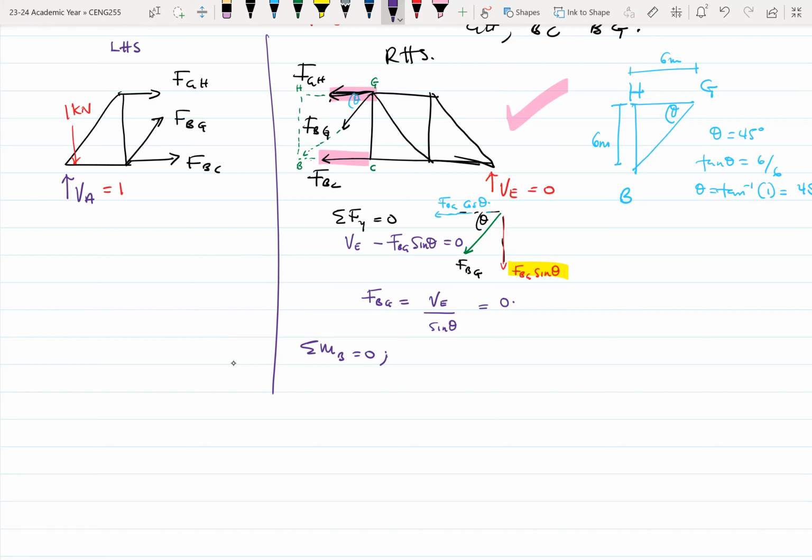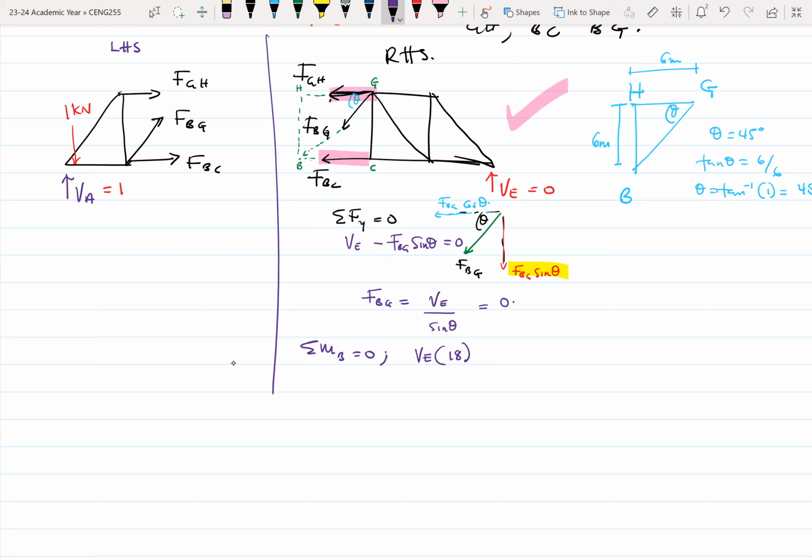All right. So since we take moment about B, it's like we are holding B as the pivot and then we rotate the truss based on what kind of loads that we have. So with respect to VE, the distance between B and E is 18. There are three of the six, so it's 18 meters.